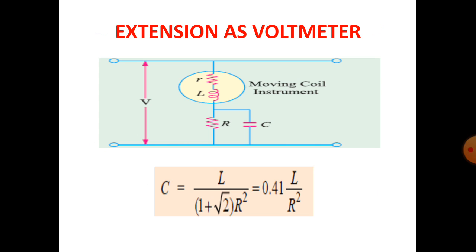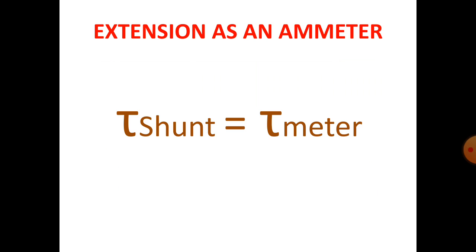Now extension range of a voltmeter. Before going to see the voltmeter, first we will complete the extension of an ammeter. So tau shunt equal to tau meter. This one we are going to see first. The basic MI instrument employs fixed coil resistance and fixed coil inductance, that is fixed coil impedance Zm, which is given by Zm is equal to Rm plus jXLm.